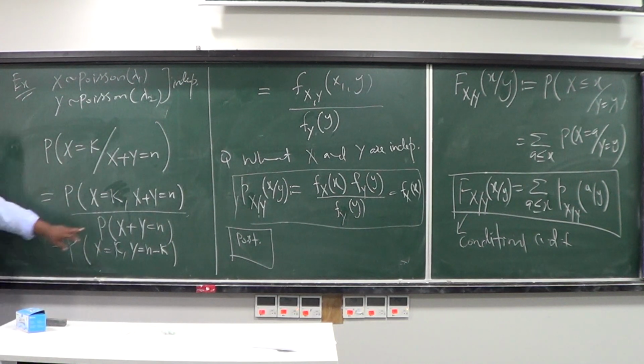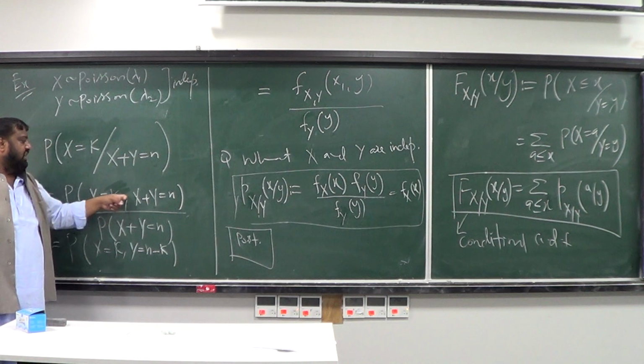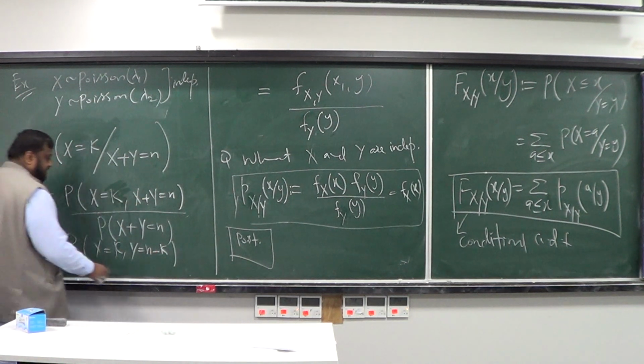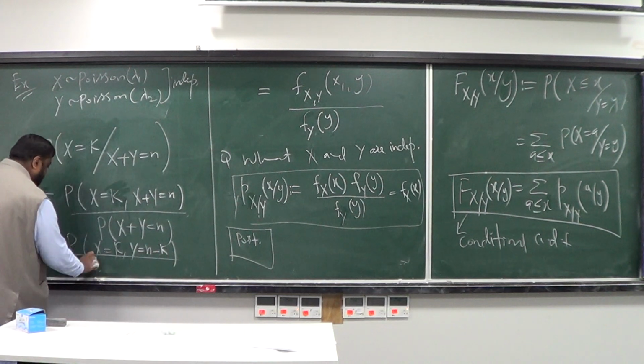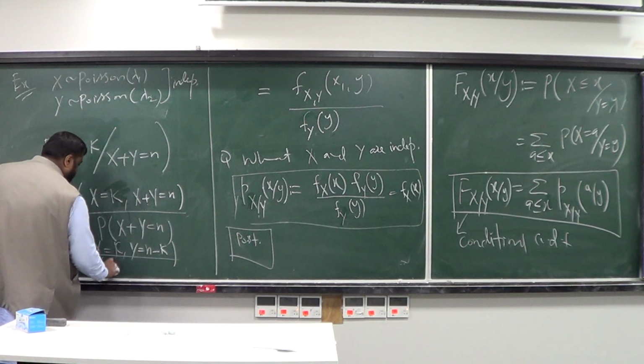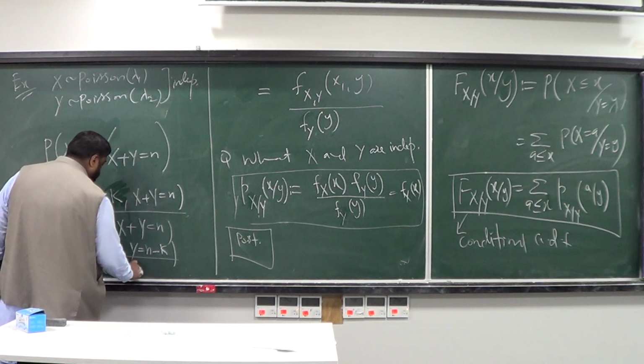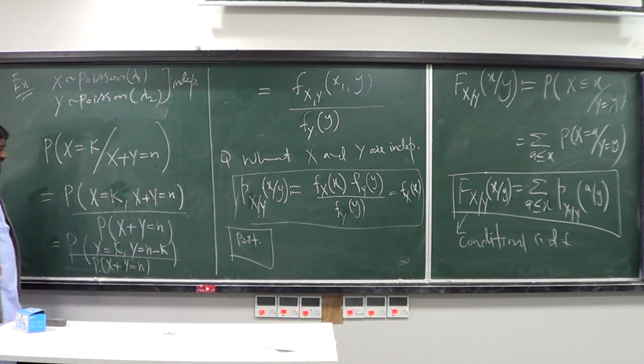So in other words, since X is k, Y would be n minus k, divided by the probability of X plus Y equal to n. Okay.